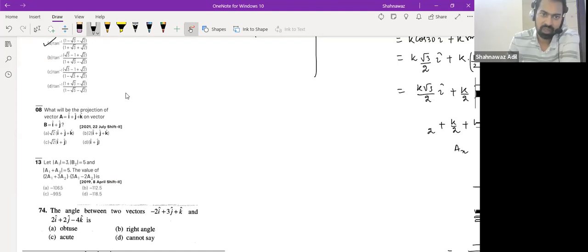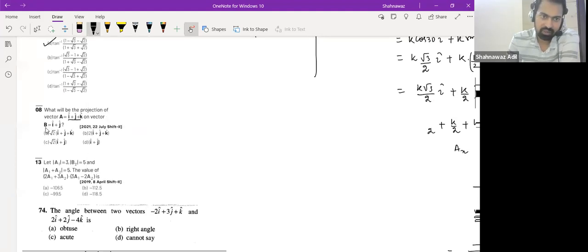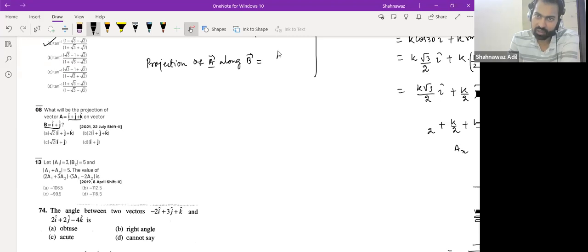I have this vector A, and I have another vector B, and I want to calculate the projection of vector A along B. So I will write the projection of A along B as A dot B hat, B and then the direction. Right. Clear, guys?